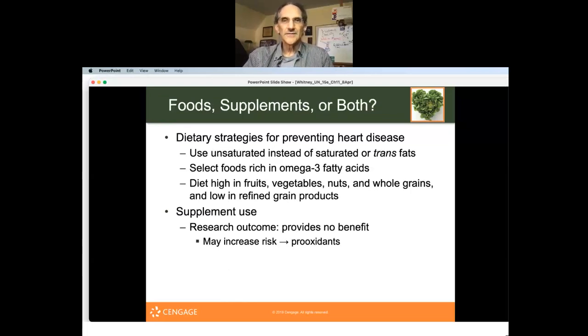Supplements. In general, it's been documented that for taking in vitamins, minerals, and nutrients in general, it's best to get them in a varied, natural diet, in food. But supplements may be of help in certain instances.